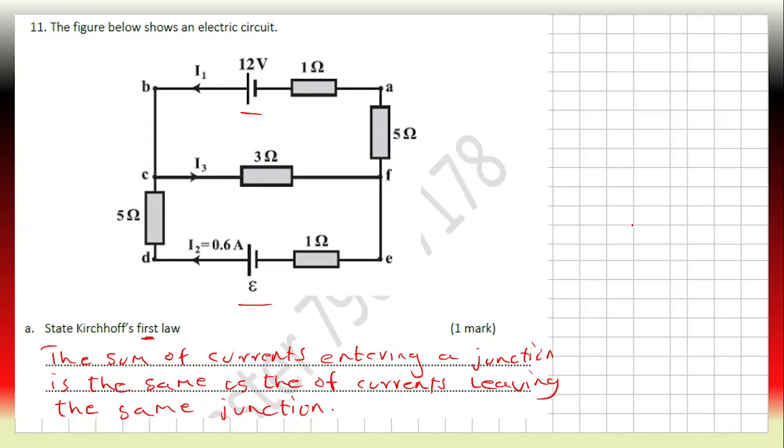The sum of currents entering a junction is the same as the sum of currents leaving the junction. So please take note of that one.